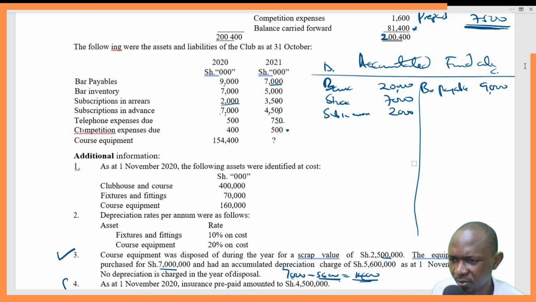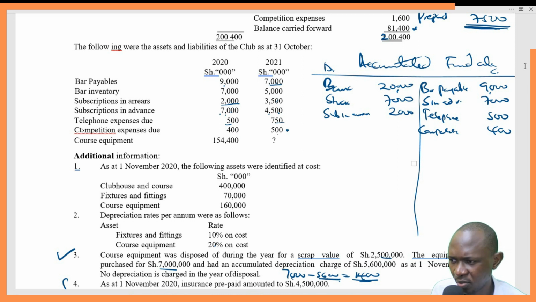Subscription in advance, this was a liability, 7,000. Telephone expenses due, this was a liability, 500. Competition, 400, also due. What else?